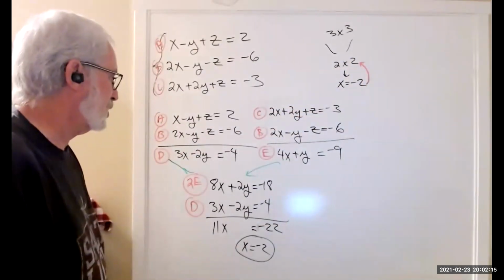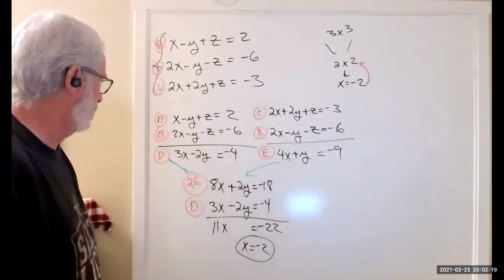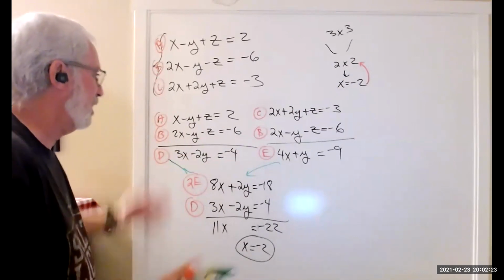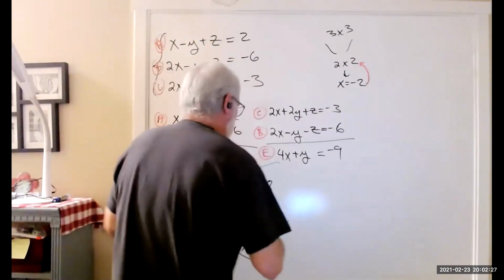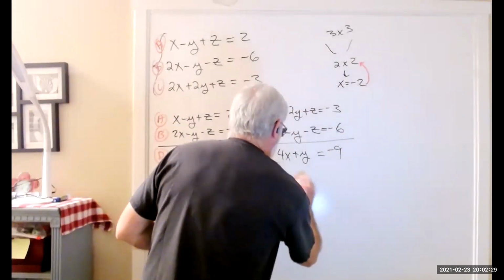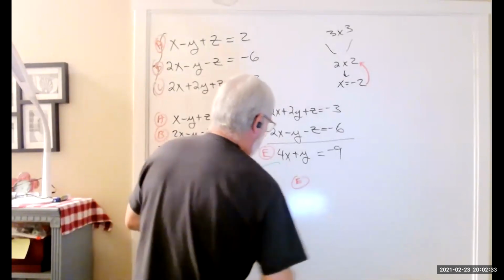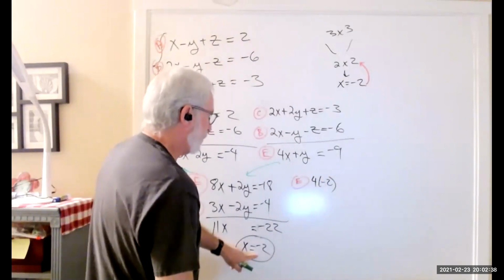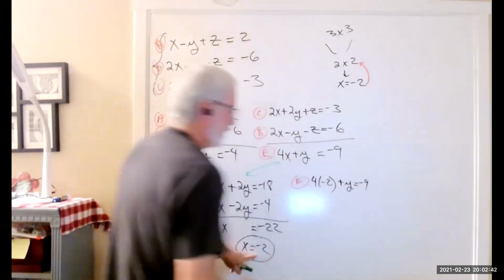Which one do you guys think is easier? Plug it into D, or plug it into E? E? Okay, E. Fine, good. So I'm going to take equation E and plug this X in, so I have 4 times -2 plus Y equals -9.